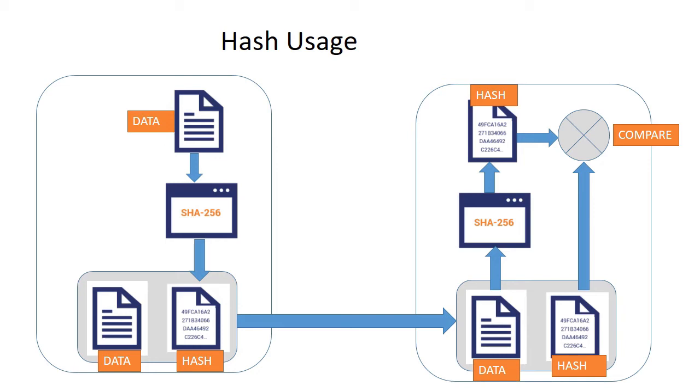We already received one hash, so we will compare these two hashes. If the hashes match, then we received the proper data over the network, so the data was not changed over the network. We have proof that the data is not mutated or changed in any way. That is the purpose of the hash: it verifies the integrity of the data.